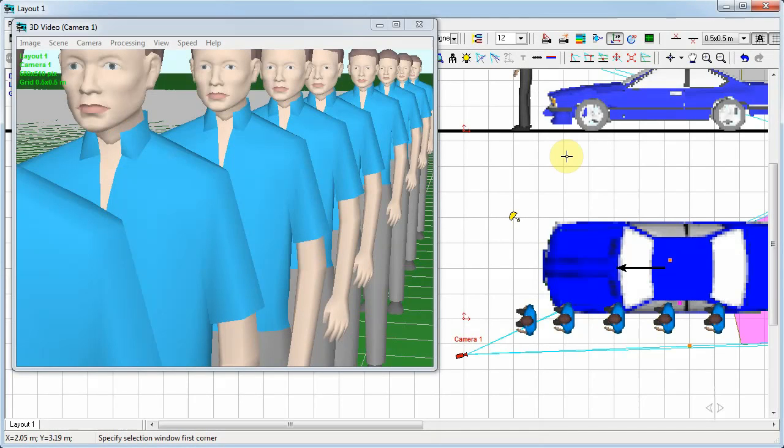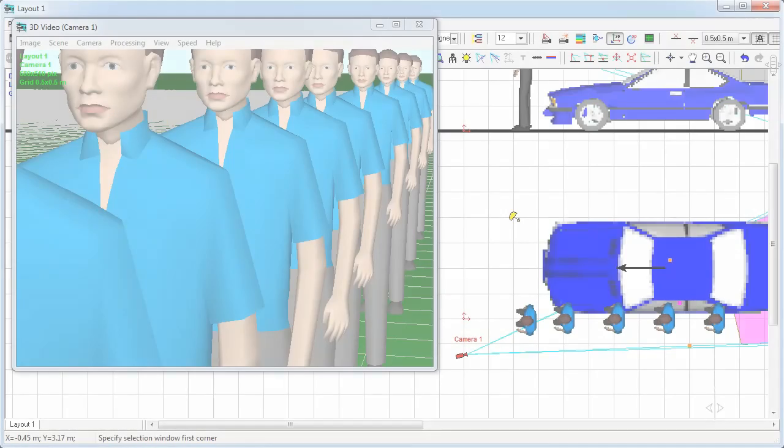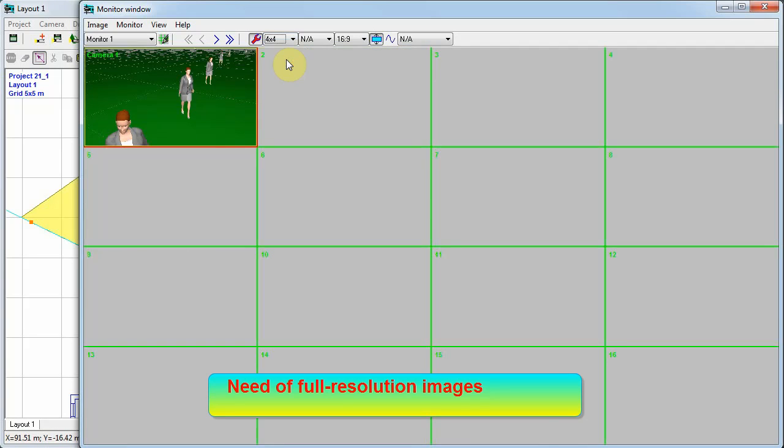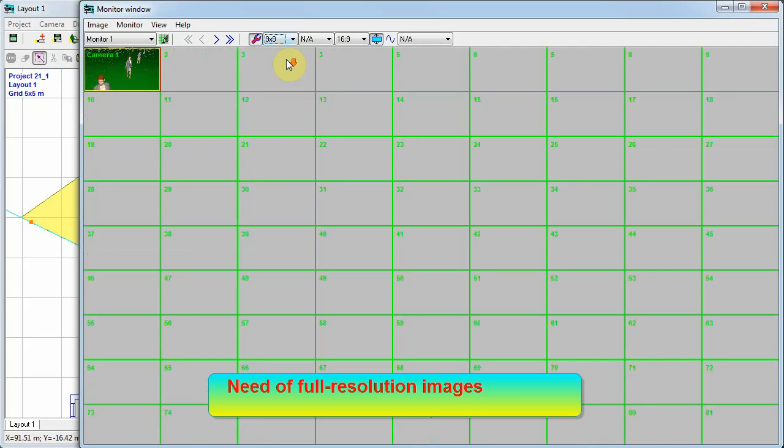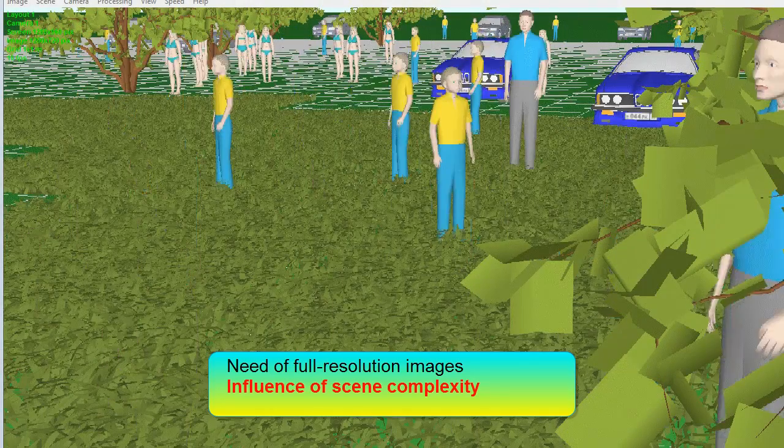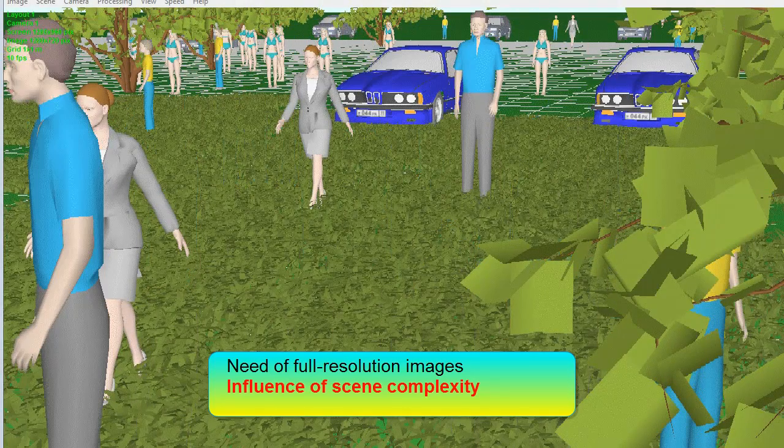Let's summarize. We briefly reviewed the important factors that are often overlooked in designing. Firstly, it is factors limiting applicability of the pixel density, the need of full resolution images, and influences of scene complexity.